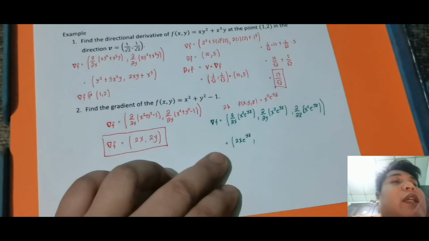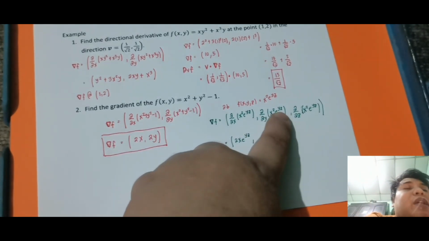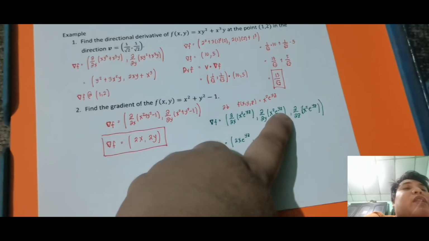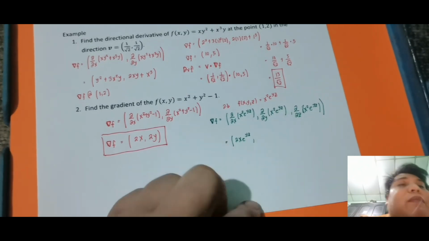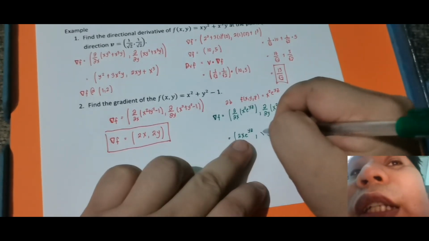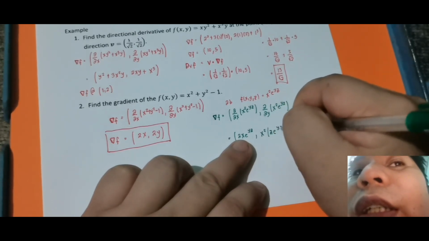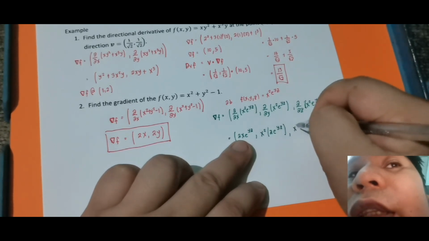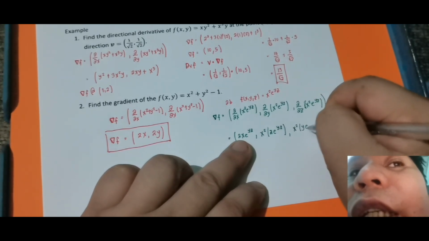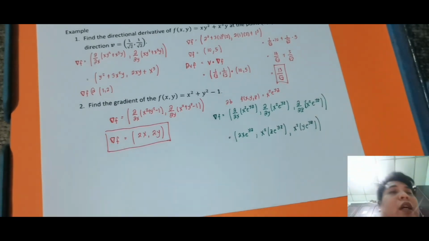Next, x squared is constant since we are differentiating with respect to y. So z comes down, because the partial derivative of e raised to yz with respect to y is z e raised to yz. So this is just x squared multiplied by z e raised to yz. Comma, this is x squared again. Here it is the opposite, it becomes y e raised to yz, because we consider y as constant.